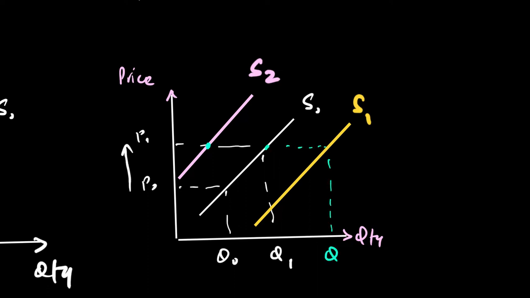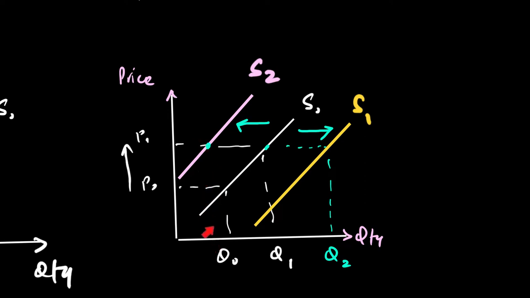for the same price of P1, a non-price factor can make the supply curve shift to the right, but for the same price P1 there could be a non-price factor that can result in supply falling, like for example this quantity.